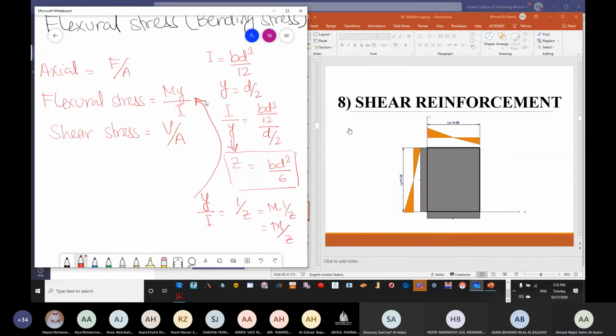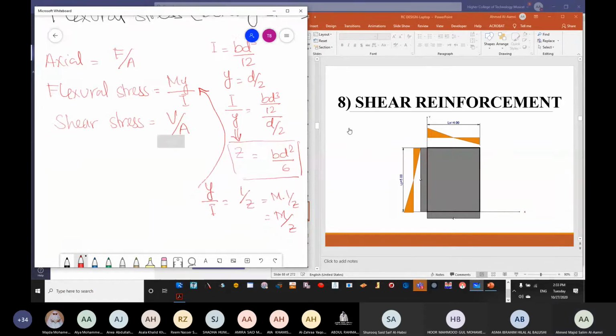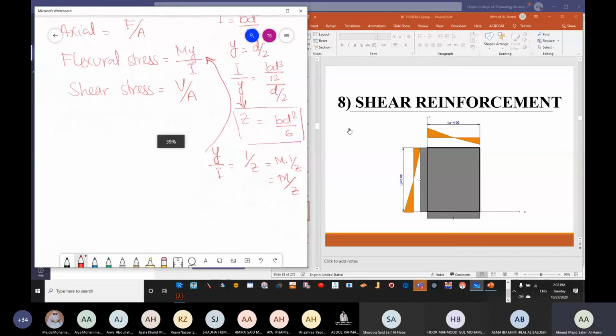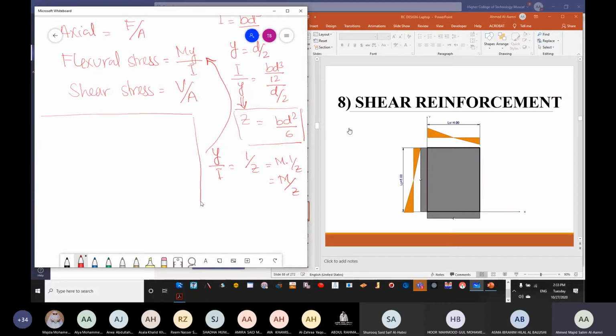Okay. Now, when we talk about the failure, normally we refer to certain things. Like when we talked about the bending, we compared between K and K dash, or whatever we call M and MUC.